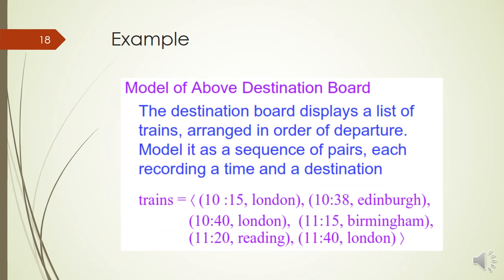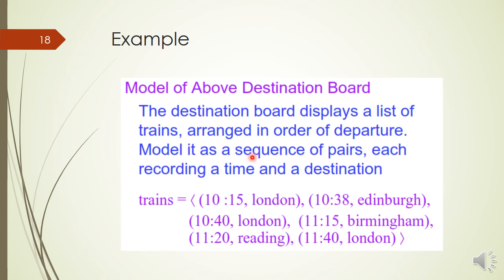The destination board displays a list of trains arranged in order of departure. Model it as a sequence of pairs, each recording a time and destination.